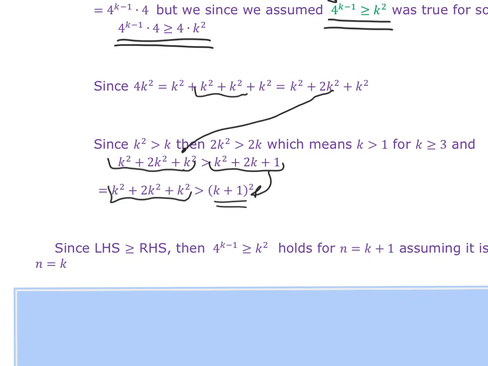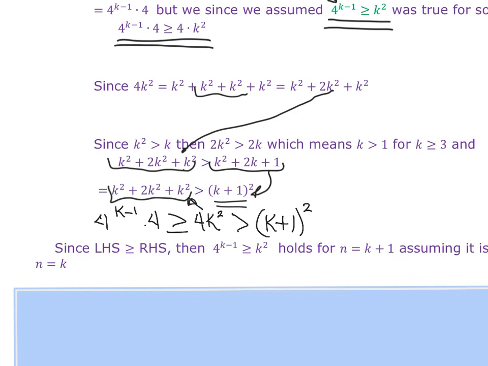Now, what I had was 4 to the k minus 1 times 4 is greater than or equal to 4k squared. But remember, that is 4k squared, which is greater than k plus 1 squared.